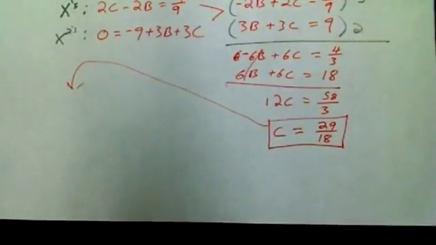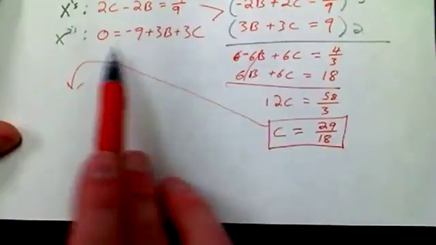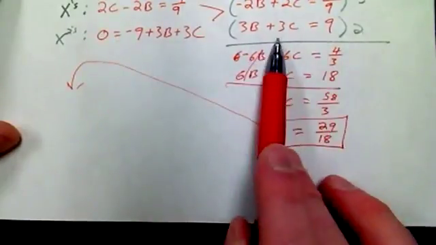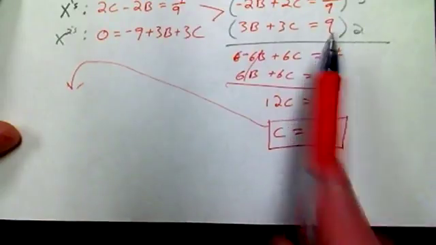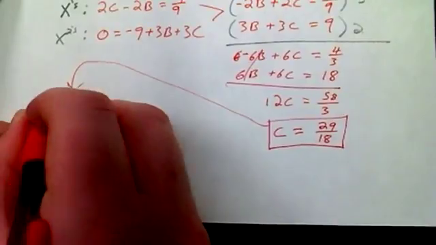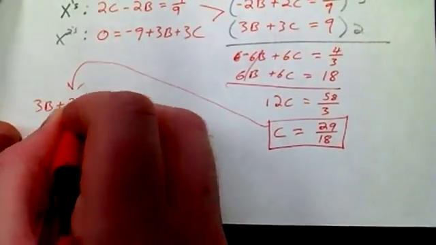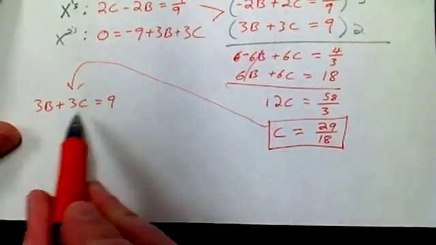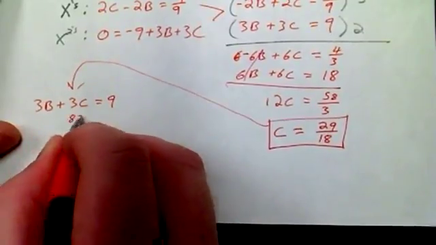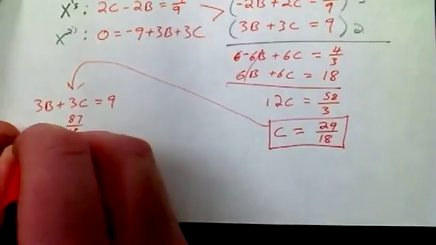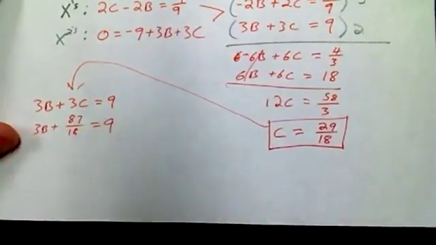Okay, so if I want to find b, what I can do is I can use this equation right here. 3b plus 3c is equal to 9. Now 3 times c, that's going to be 87 over 18, plus 3b is equal to 9.